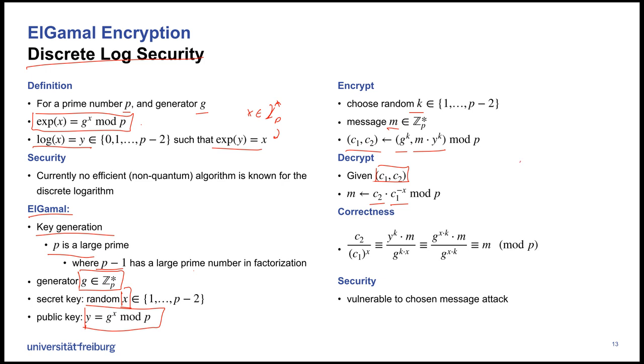So let's see, we have m times y to the power of k, divided by the first part, which is C1, which is g to the k, and to the power of x. So that's the operation we're doing here.